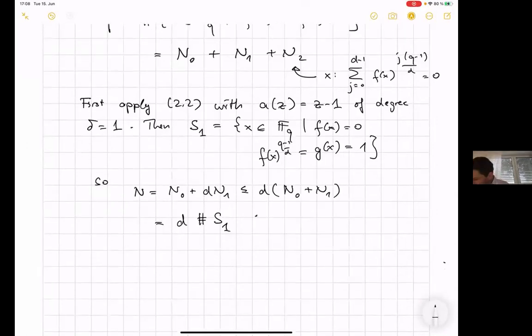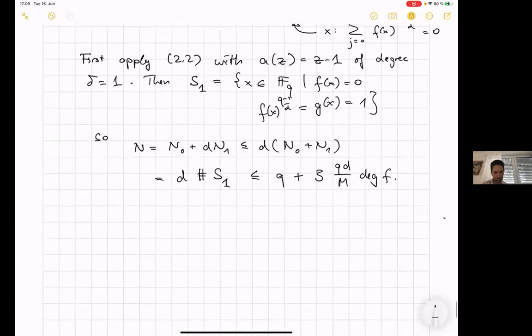Okay, and now I can just apply the bound that I got in that lemma, and if I just quote this, this is bounded by q plus 3qd over m times the degree of f. Okay, so this is an upper bound for n, and now we get a lower bound by the same argument.